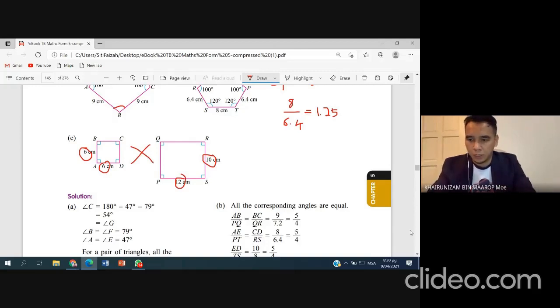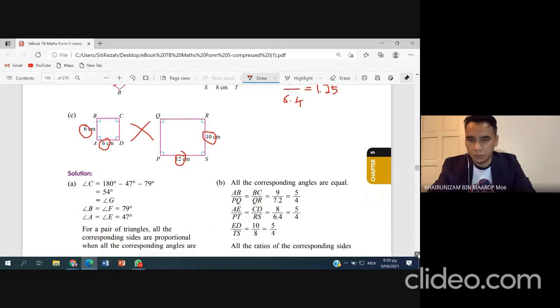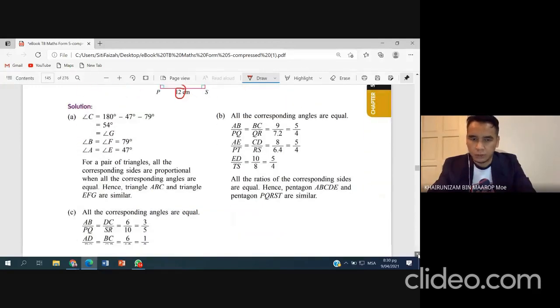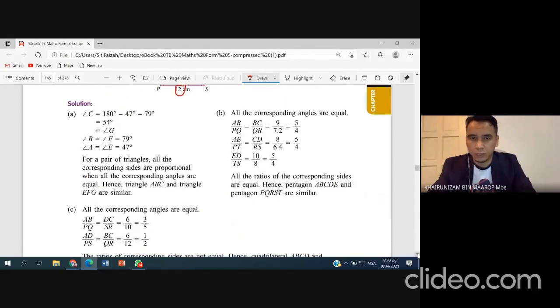Okay? Okay, now look at the solution. Betul tak? Sama tak dengan yang kita bincangkan? See, this is similar because we can get 47 and 54. And then for B, we get the same ratio.